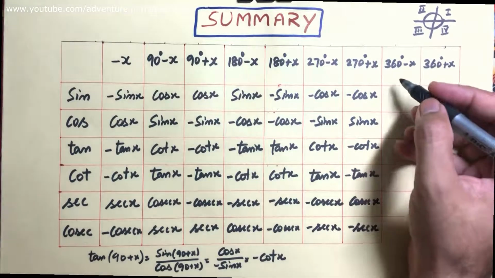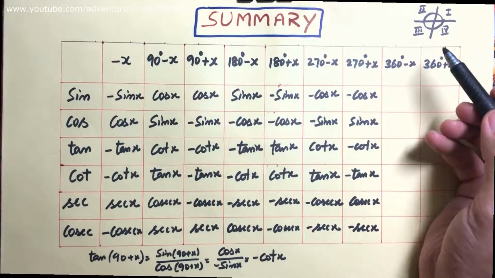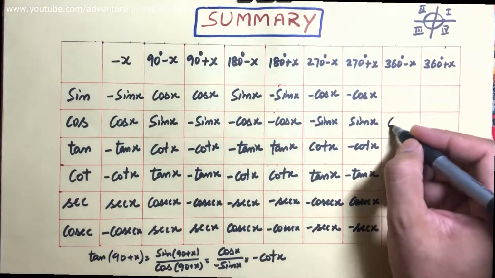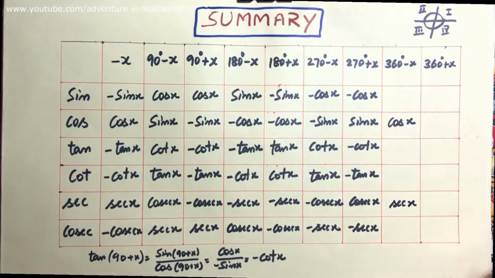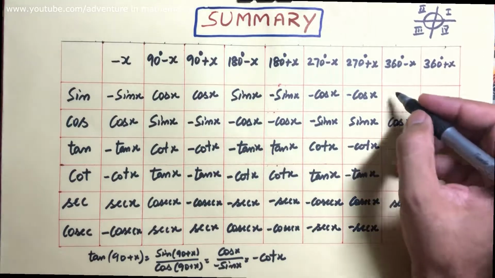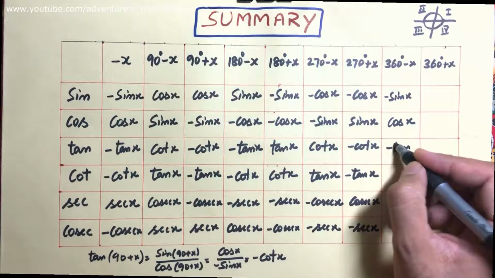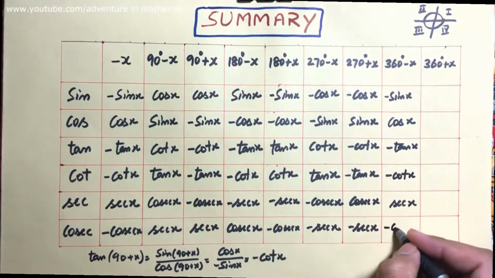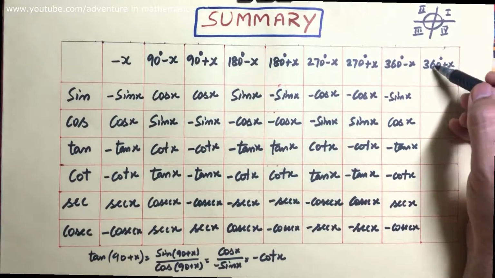Now in the fourth quadrant again, 360 minus x, what is positive? You know, cos and secant. So we get cos positive here and secant positive here, and all others negative. And sine remains sine: minus sin x, minus tan x, minus cot x and minus cosecant x. And what about 360 plus x?